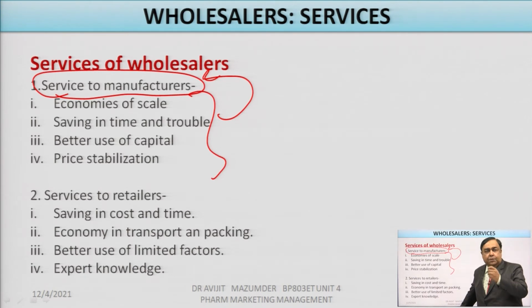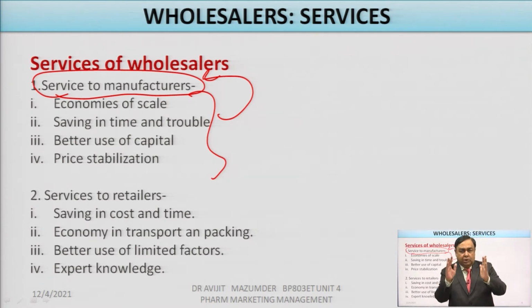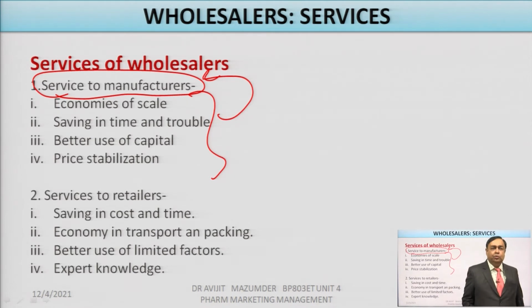Economy in transport and packaging, because it is the wholesaler who is doing it on their own behalf. How many items you require, depending on your capacity, depending on your load, the wholesalers are packing in suitable groups and then they are transporting to you.